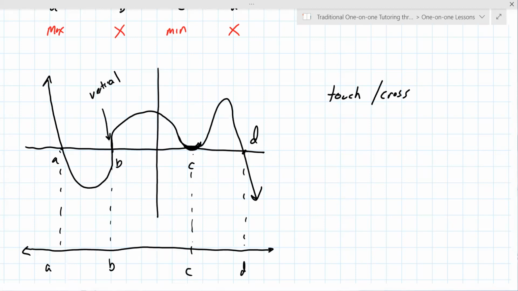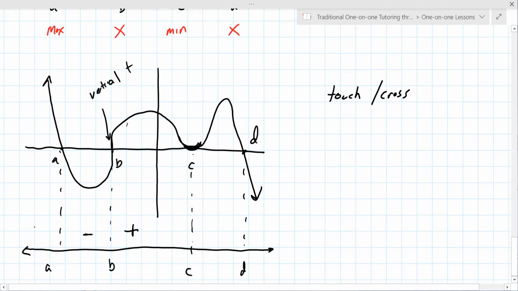But B is also problematic because it's a vertical tangent. You have to include it, but even though this happens, nothing occurs at B because it's vertical.